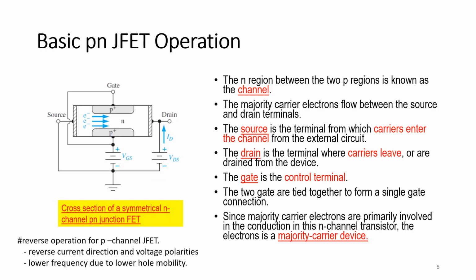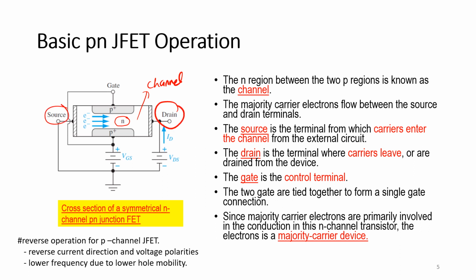Now we study the basic PN junction operation. This is the cross section of a symmetrical N-channel PN junction FET. The N region between the two P regions is known as the channel. The majority carrier electrons flow between the source and the drain terminals.